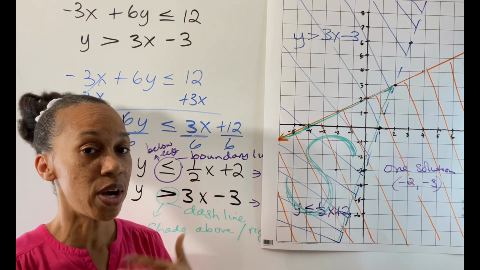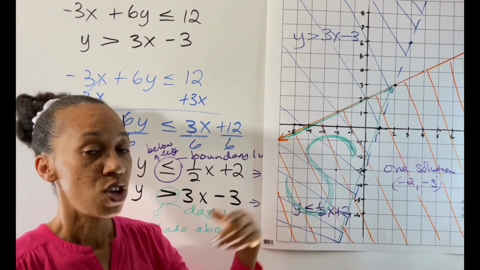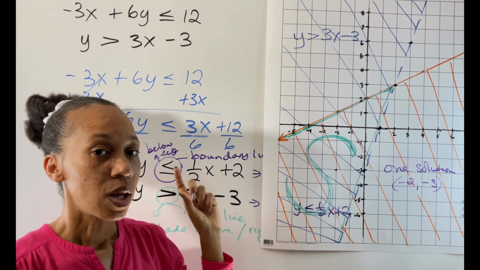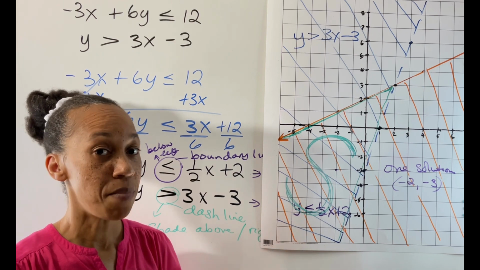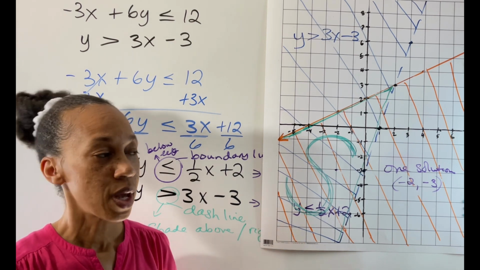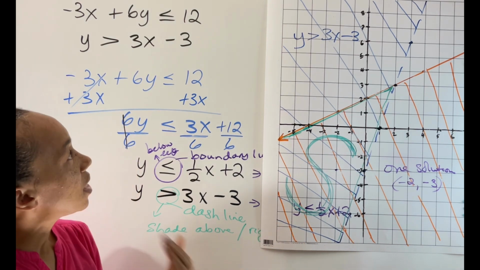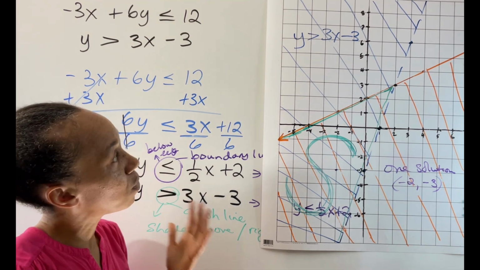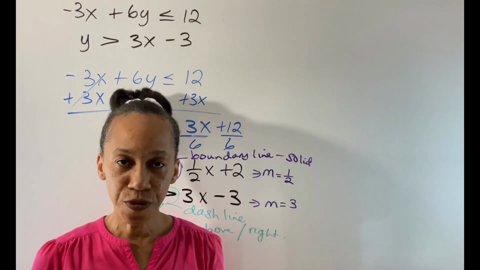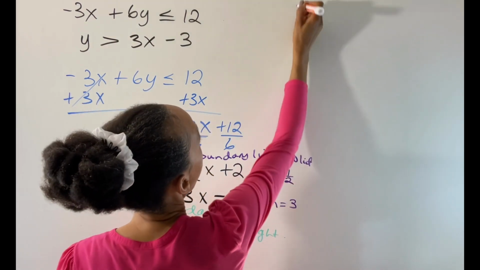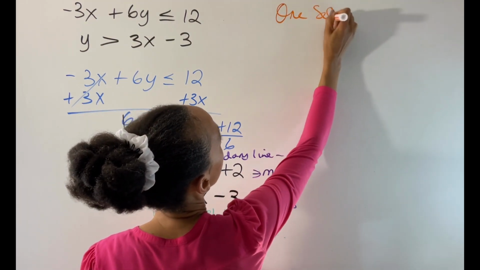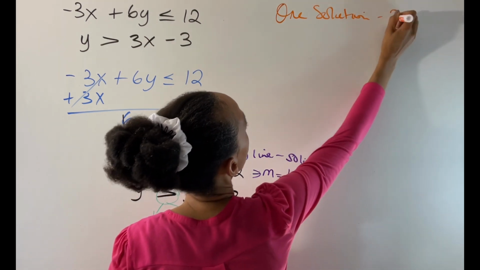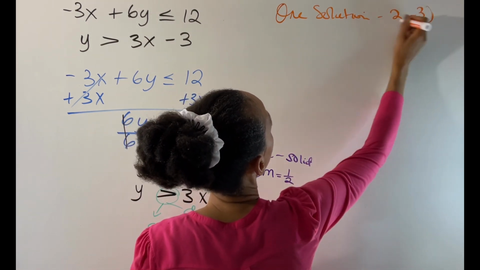When you choose a point on the solid line, you are stating that that point on the solid line will make that inequality true. And you can go ahead and you can test both inequalities, because as you know me, I like to test both inequalities. So for my solution, I had one solution which was -2, -3.